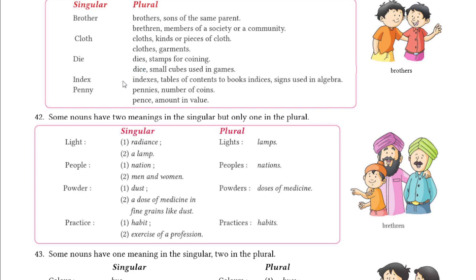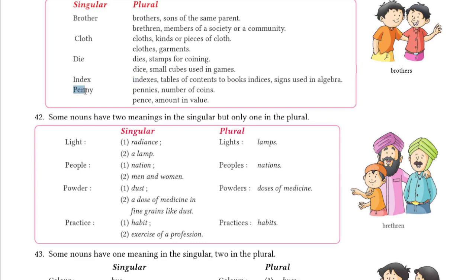Index, and it has two forms. Indexes, that means tables of contents to books, and the second form, which is not written here, is indices, and that means symbols of algebra.